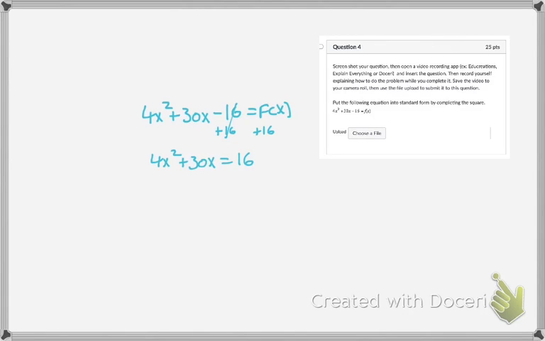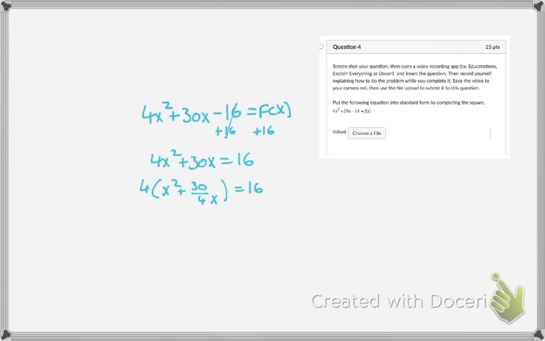Okay, so since we have a quadratic on this side, we have to factor something out. But since 4 is not divisible into 30, we're going to have a fraction. So that's okay, let's factor it out. 4 on the outside, x squared plus 30 over 4x, plus 16.